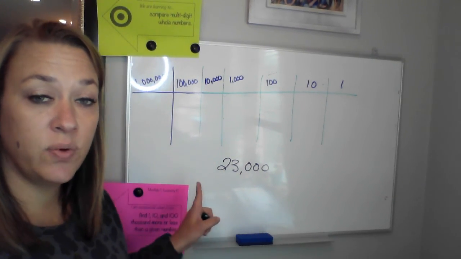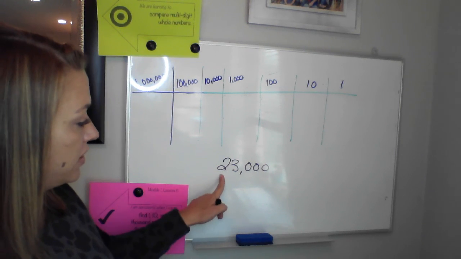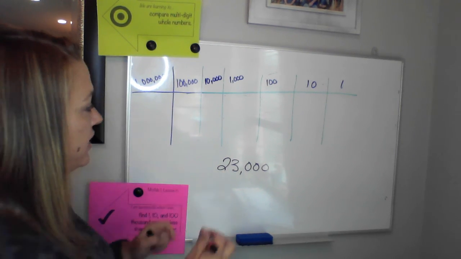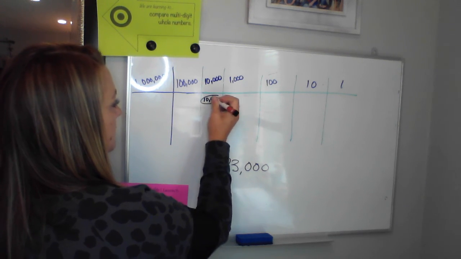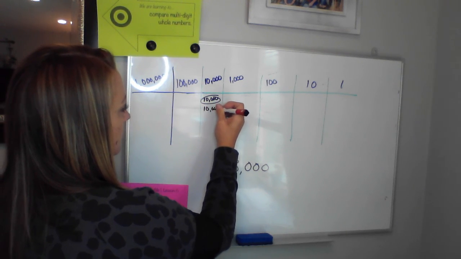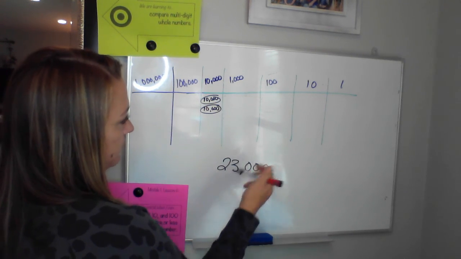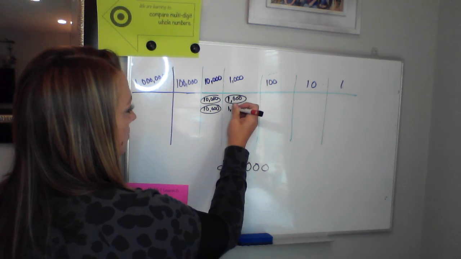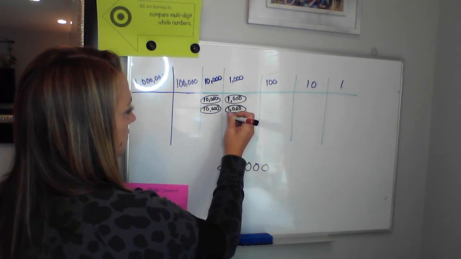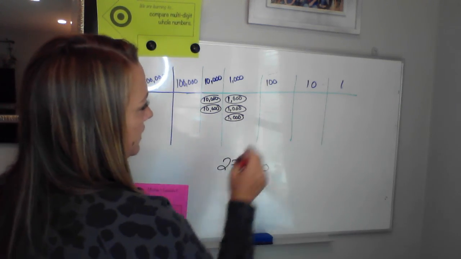Okay, so here I have 23,000. I'm going to show this on my place value chart. So I have two 10,000s. Still going to use my place value disk. So there's my two 10,000s. I have 3,000s. And I don't have any hundreds, tens, or ones.